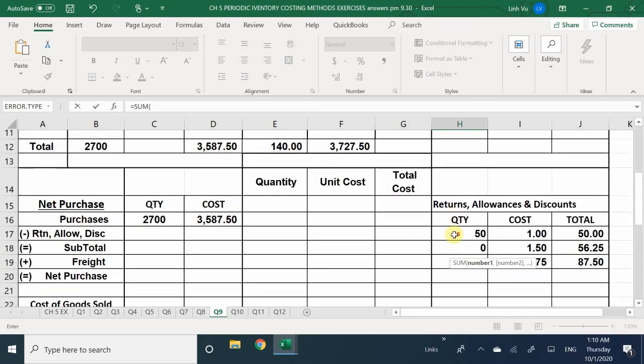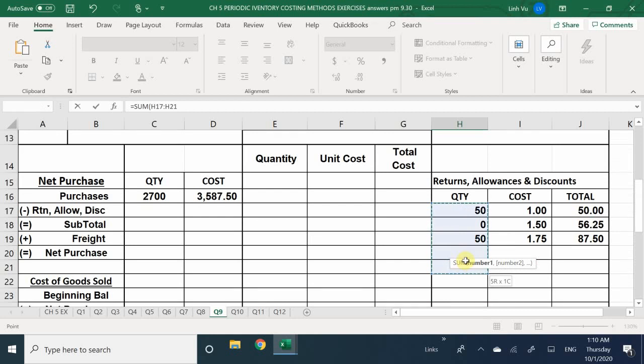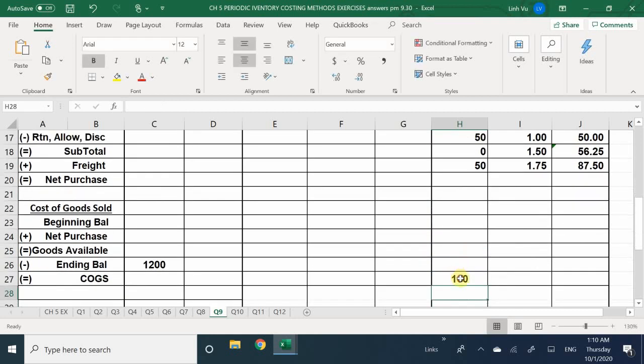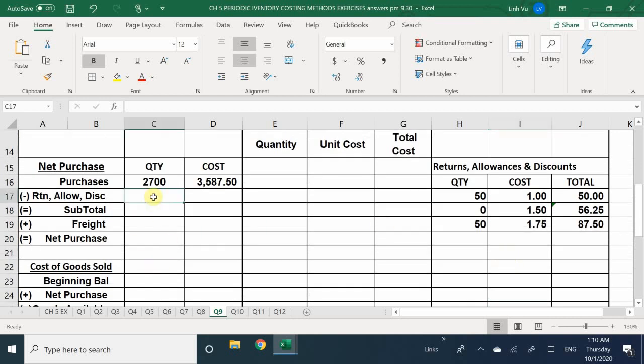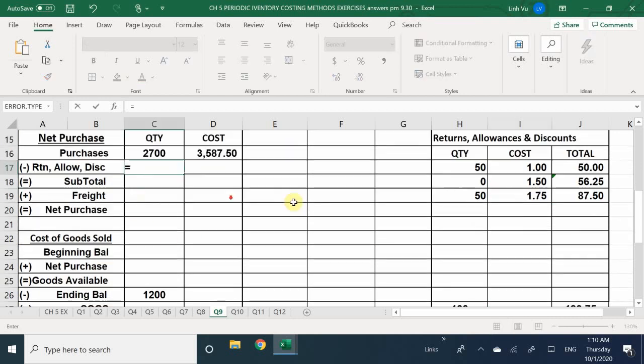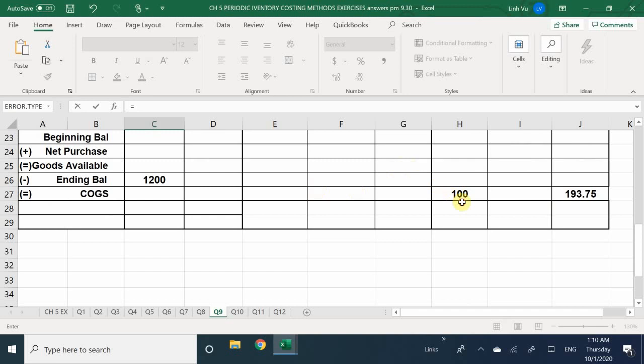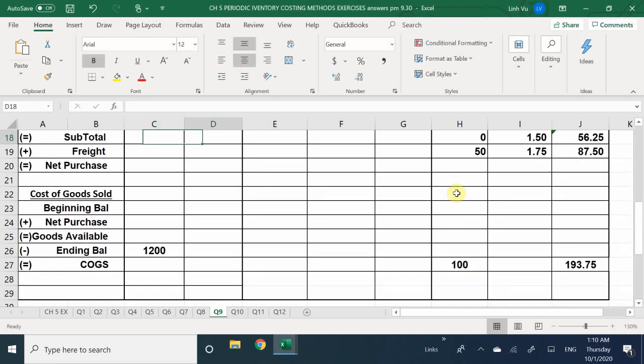Okay, so we're going to grab our sums here of 100 items that we're going to return, and the entire cost of those 100 items is going to be 193.75. So in this case, I'm going to go ahead and bring this number over, and this is going to be this number here.